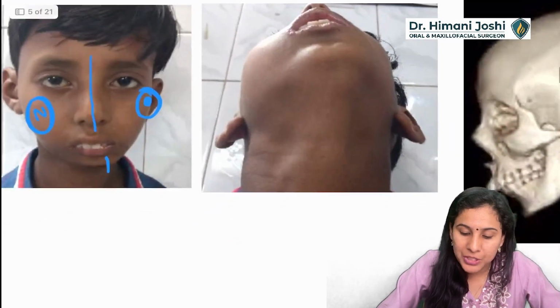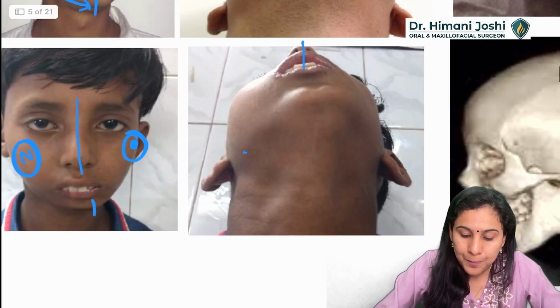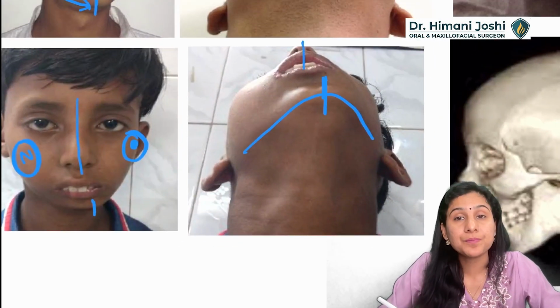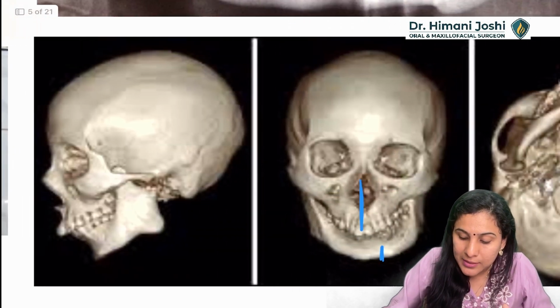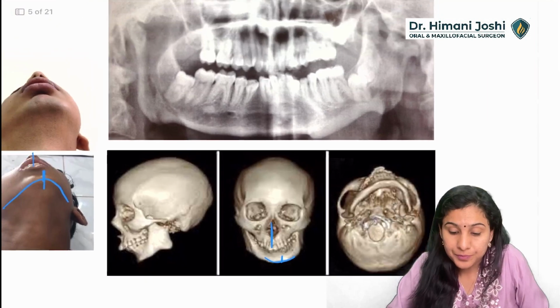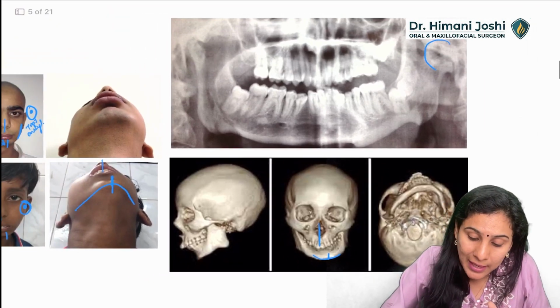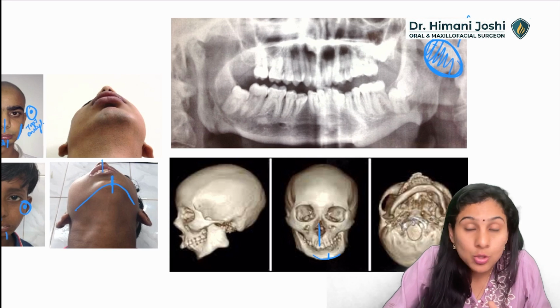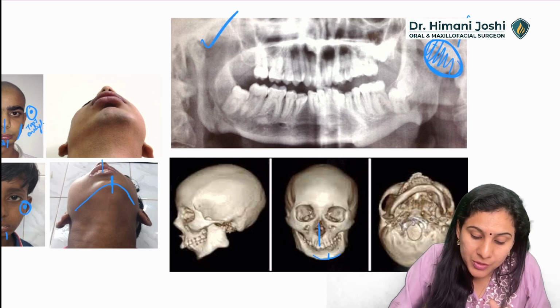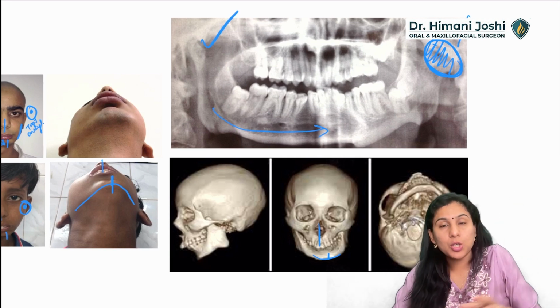Very well you can appreciate. This is the nasal midline and this is the chin midline. So ipsilateral deviation, deviation of chin towards the side of the pathology. You can see that there is an ankylotic mass present on the left side. So this side does not grow. This side grows. When it grows, it pushes the chin towards the other side.